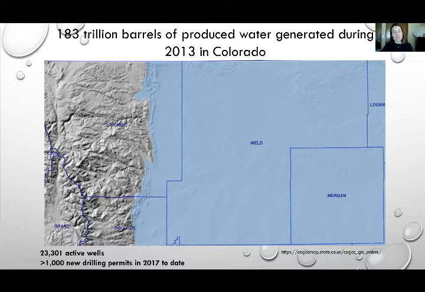But a fraction of produced water gets spilled on the surface of the land during transport or during the fracking process itself. And so this leads to the question, well, where are these fracking locations and where are spills occurring?